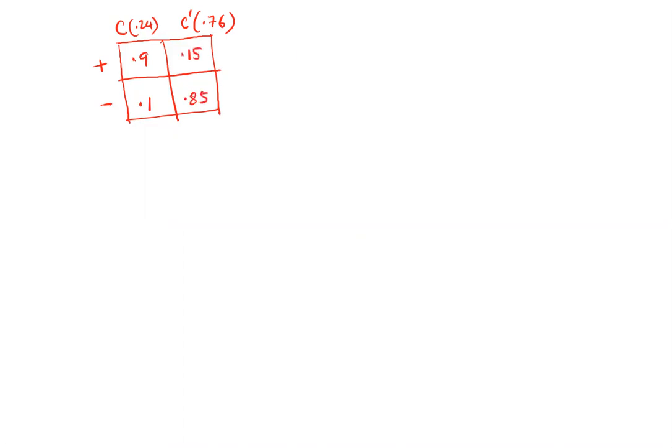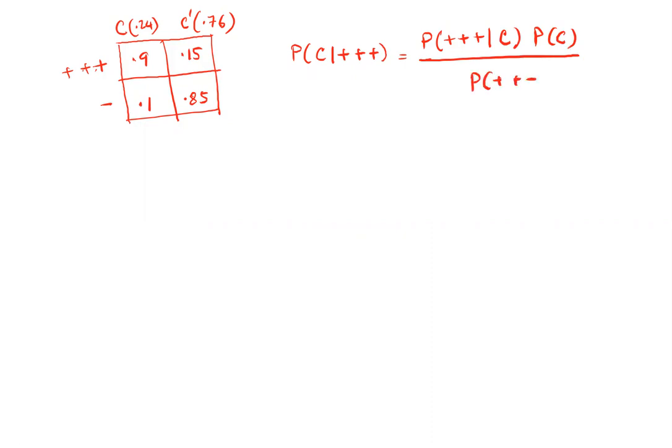So now the probability of having cancer, given that the person tests positive 3 times, is going to be the probability of testing positive 3 times. Technically, this is testing positive for the third time, given that the person has cancer, times the probability of cancer, divided by the probability of testing positive 3 times, right?